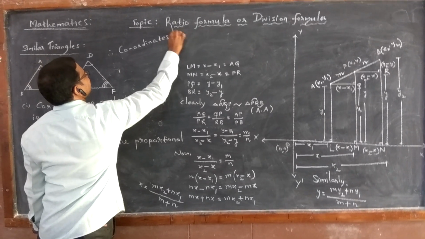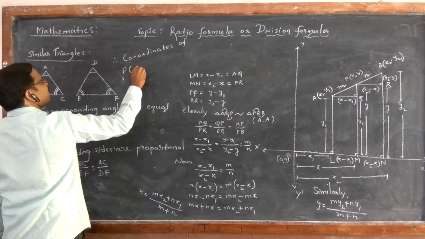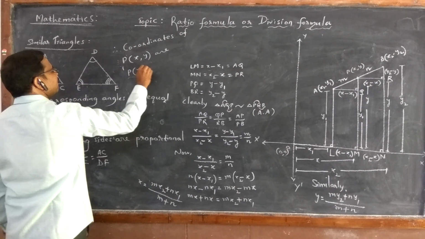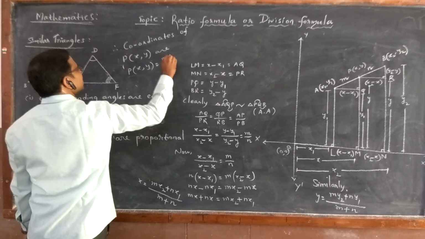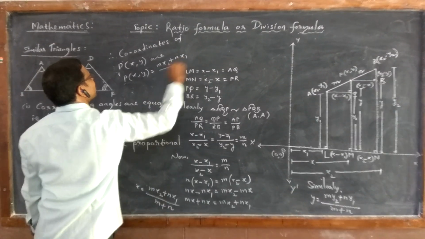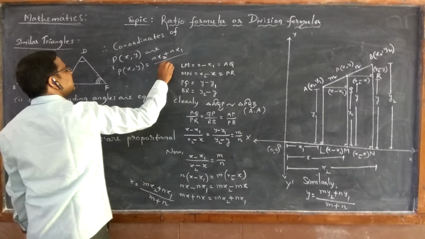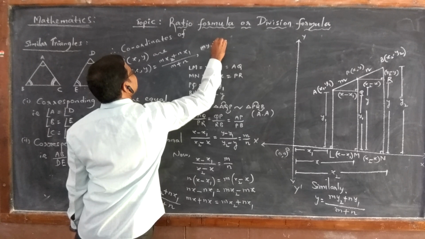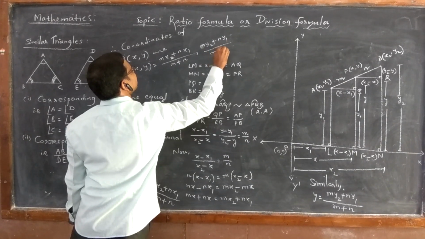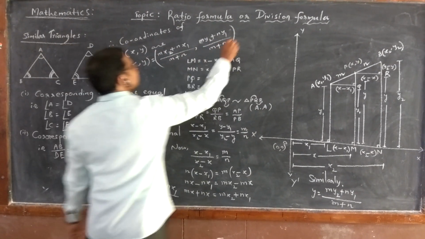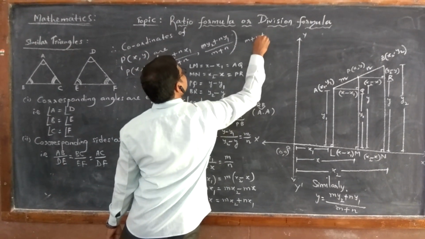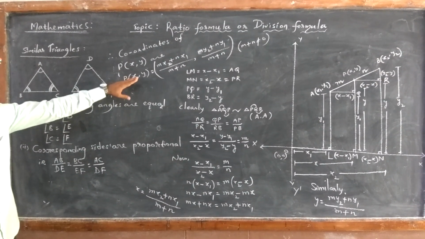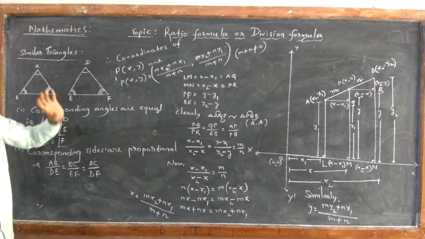P of x comma y is equal to mx2 plus nx1 upon m plus n, comma, my2 plus ny1 upon m plus n, where m plus n cannot be 0, not equal to 0. This is called division point or ratio formula.